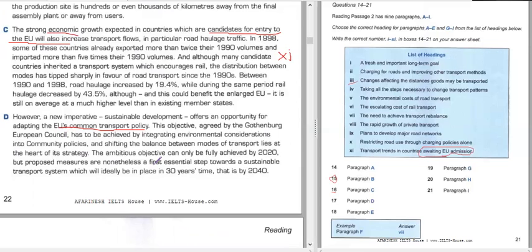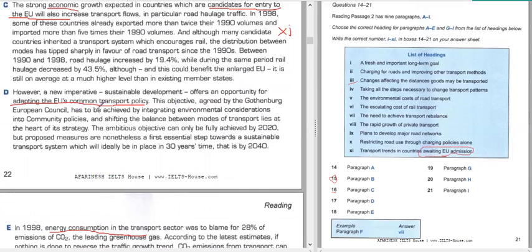Okay. However, a new imperative, sustainable development, offers an opportunity for adapting the EU's common transport policy. The objective agreed by the council has to be achieved by integrating environmental considerations.